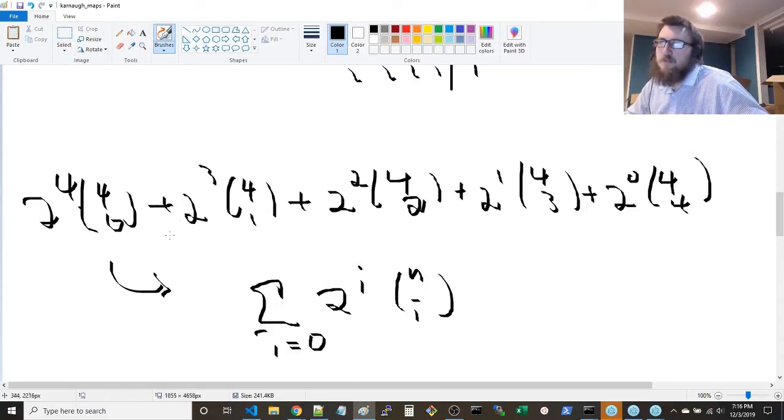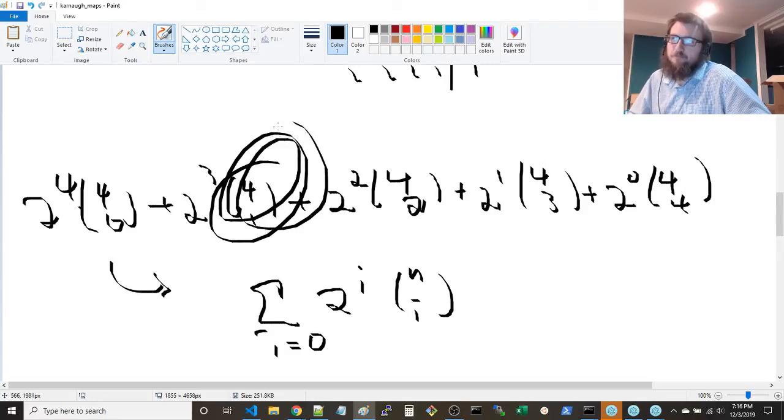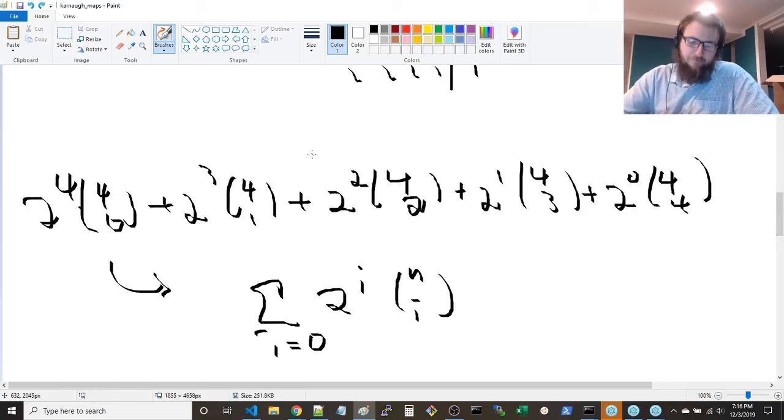Because you could have 4 choose 4 here, 4 choose 3, etc. By definition, this construct is symmetric.